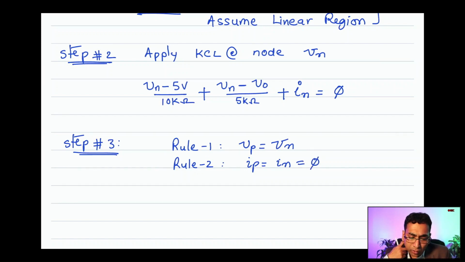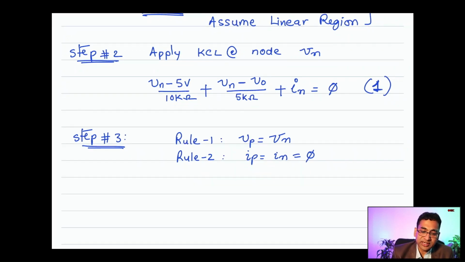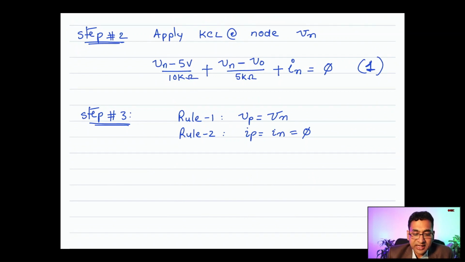So if we know the value of Vp, we should be able to plug that into equation 1 here and then solve it. There are actually 3 unknowns, but we have a mechanism to find Vn and In so that we can eventually get a value for Vo.